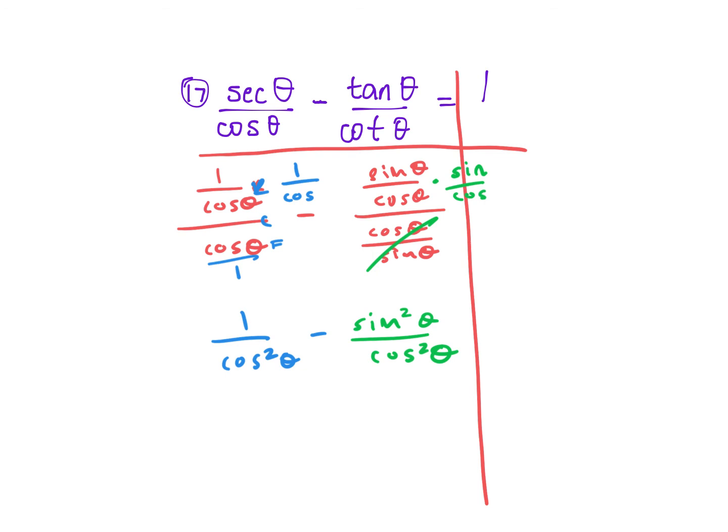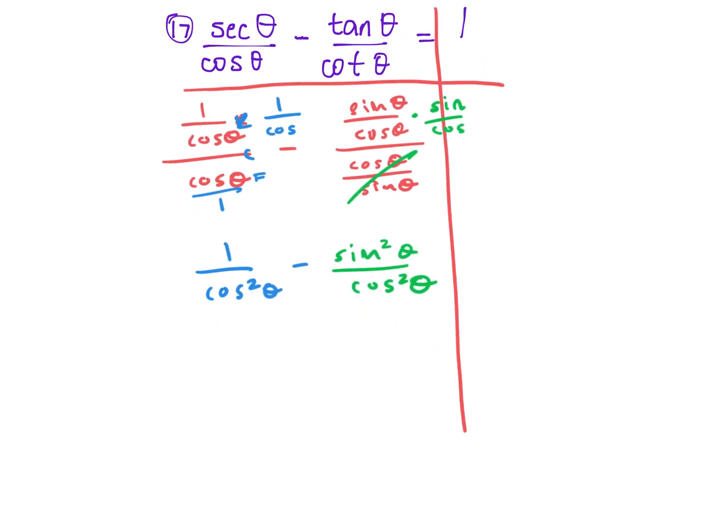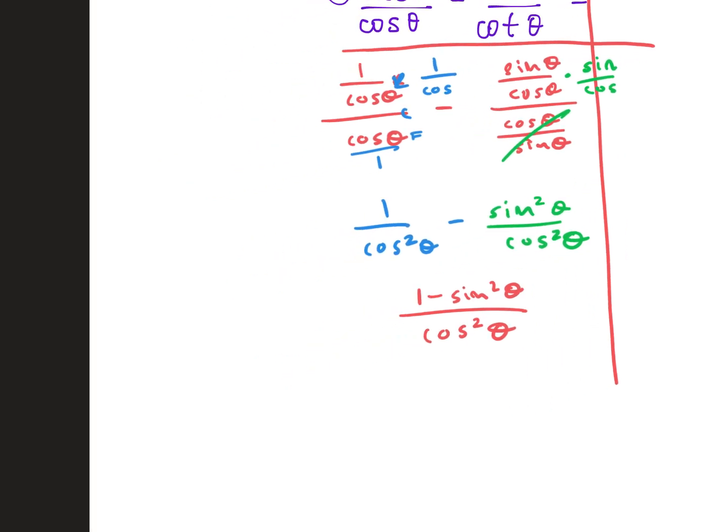What can I do next? Awesome. They have the same denominator, so I'm going to make it 1 minus sine squared over cosine squared. Perfect. Our Pythagorean identity we use here is sine squared plus cosine squared equals 1.